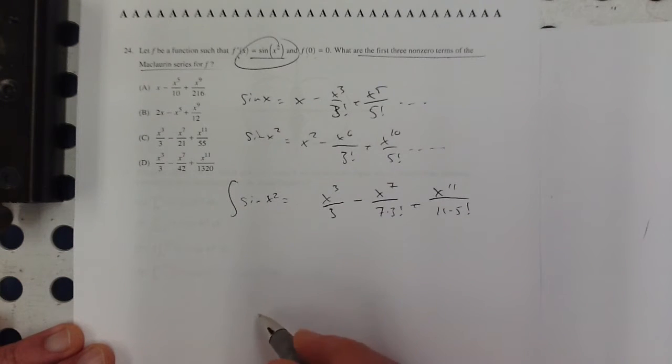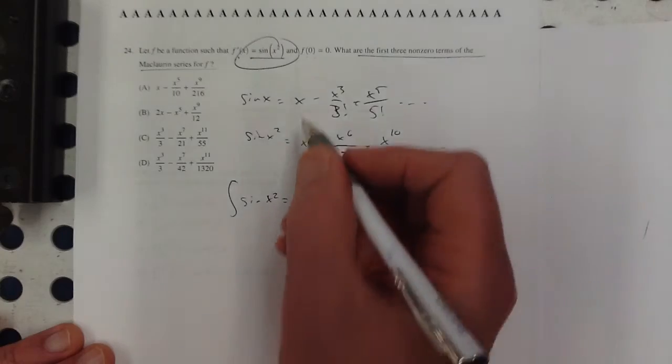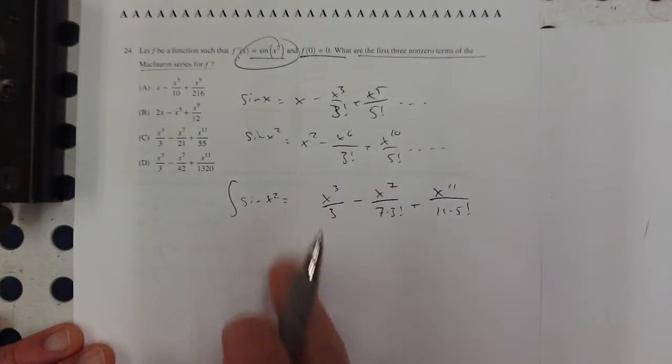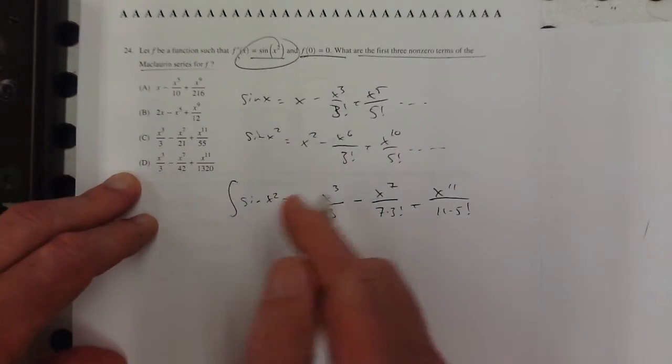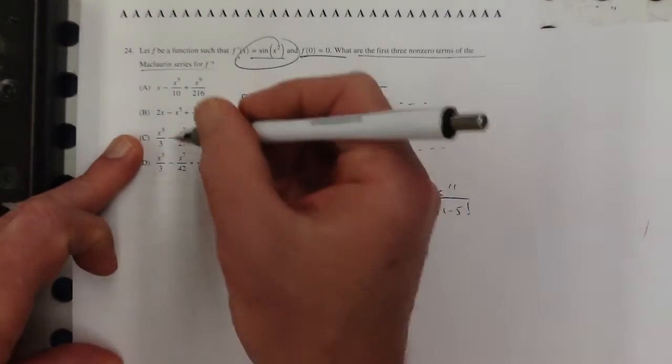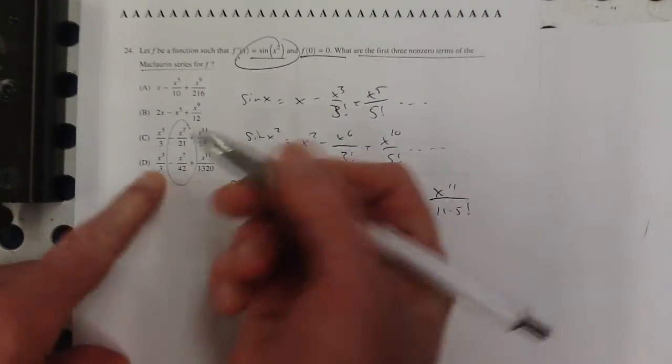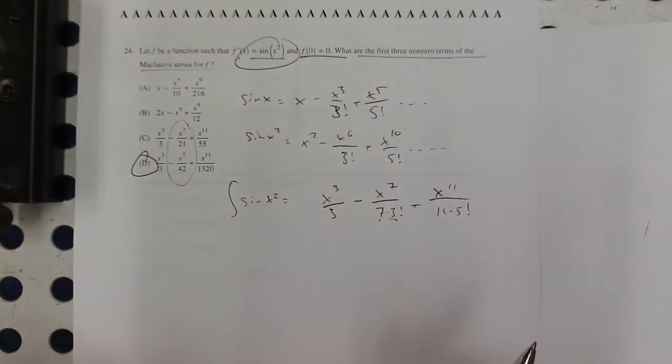I'm not going to try to simplify those. And f of 0 is equal to 0, so no first term, no constant or anything. So I guess I just need to figure out which one of these second terms is right. 7 times 6 is 42. So that's 24, which is D.